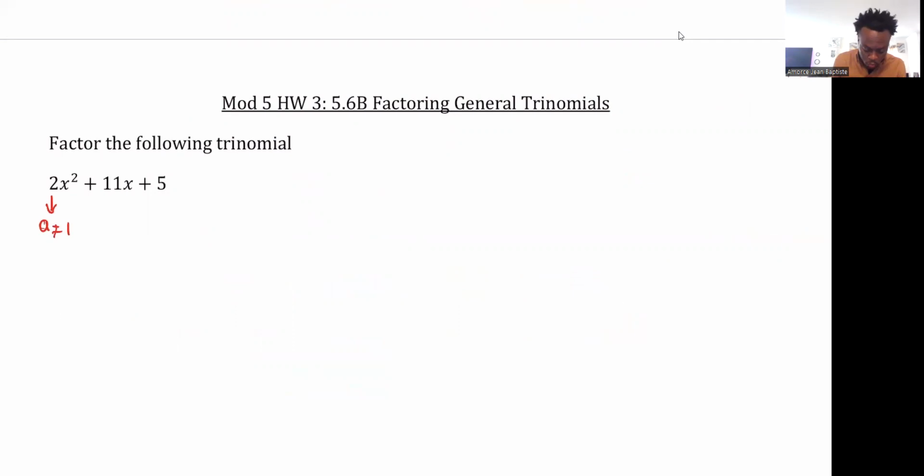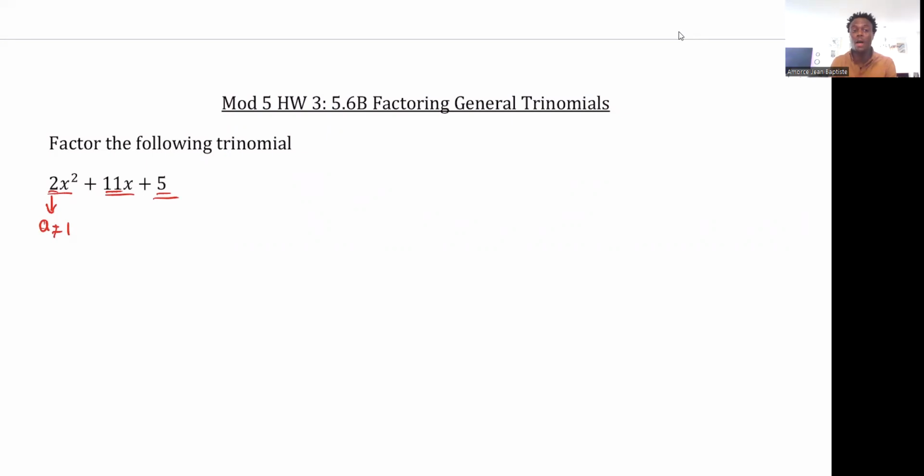I look at 2, 11, and 5. I look at all three terms, because the variable can be the GCF as well. So we want to make sure that we check for both the coefficient and the variables to see if we have a common factor for the terms.